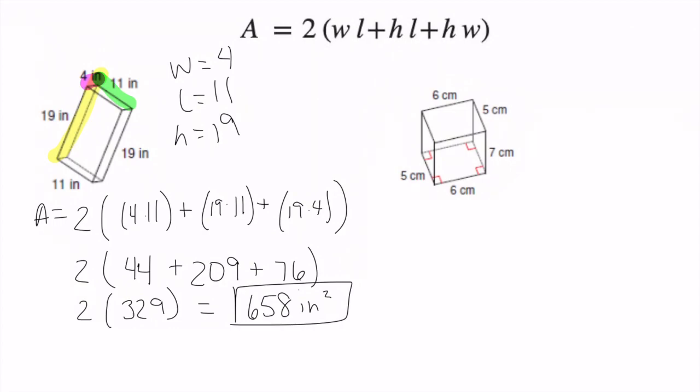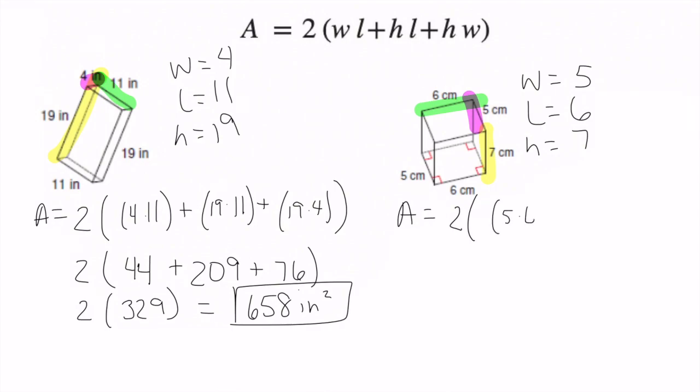We have a width of 5, a length of 6, and a height of 7. So width equals 5, length equals 6, height equals 7. Surface area equals 2 times our width times our length, so 5 times 6, plus our height times our length, which is 7 times 6, plus our height times our width, 5 times 7.